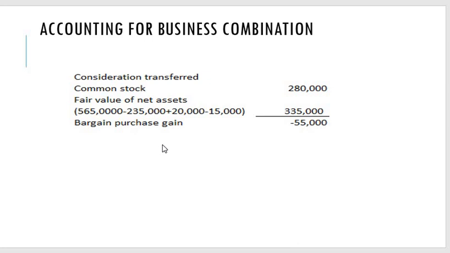Our net assets: total assets of 565,000, less total liabilities of 235,000, plus the unrecognized patent of 20,000, less the unrecognized contingent liability of 15,000. Therefore, we have 335,000 as our fair value of net assets. Since the consideration transferred is less than the fair value of our net assets, we have a bargain purchase gain amounting to 55,000. Okay?